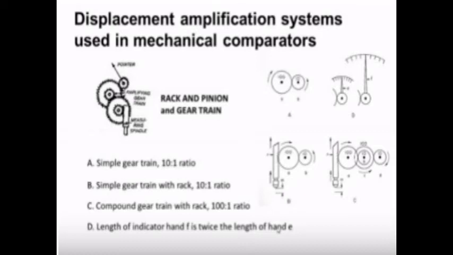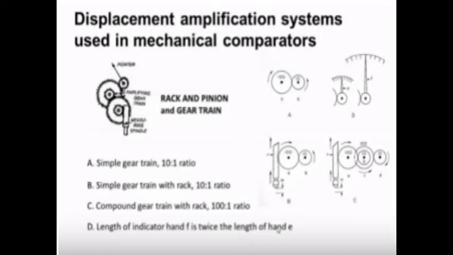Then we can take the reading. Now, this is a very simple gear train with 10 to 1 ratio, and we have another simple gear train with rack, and we can see the rack which contains the contact probe. When the rack moves up and down, this gear train will rotate, and we get an amplification of 10 to 1 ratio.